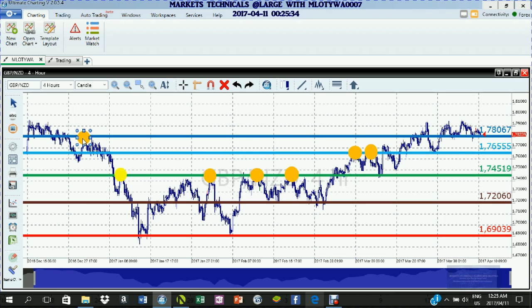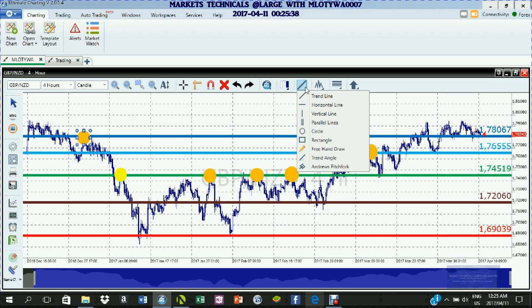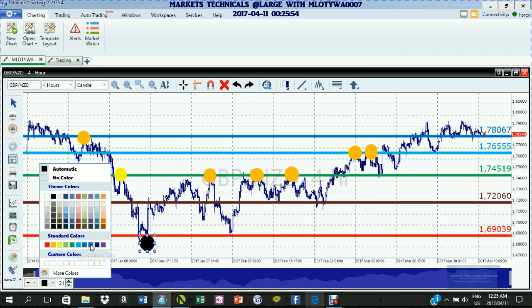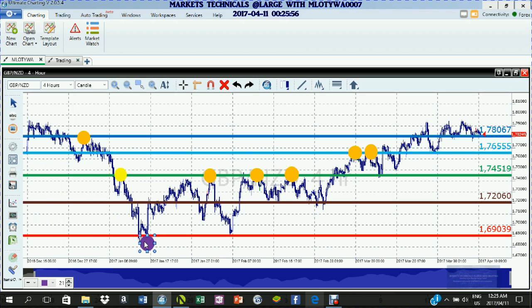Now, guys, let's look at our support lines. I think here are our support points, active points. For support, we give that a different color. I'll give it the purple color there.